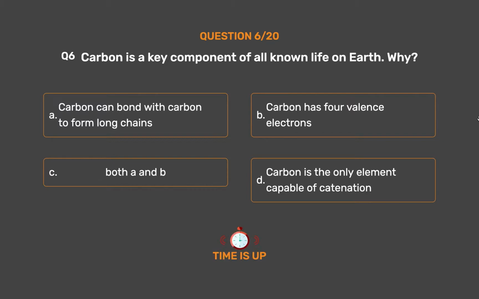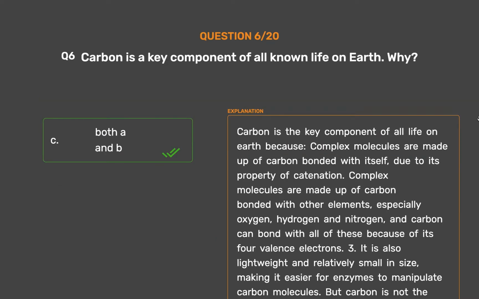The correct answer is Option C. Both A and B. Carbon is the key component of all life on Earth because complex molecules are made up of carbon bonded with itself due to its property of catenation. Complex molecules are made up of carbon bonded with other elements, especially oxygen, hydrogen and nitrogen, and carbon can bond with all of these because of its 4 valence electrons.